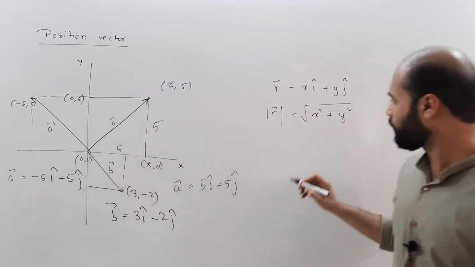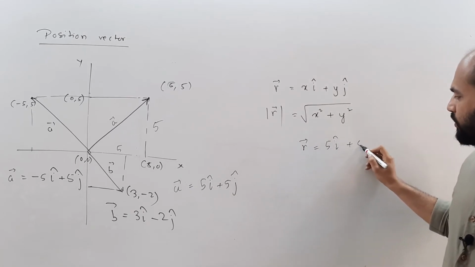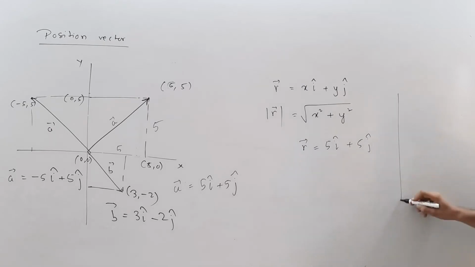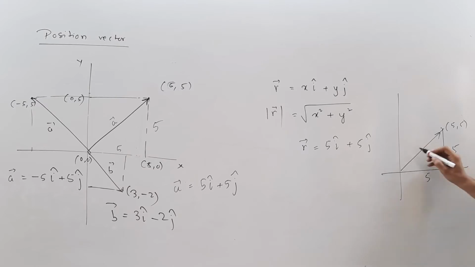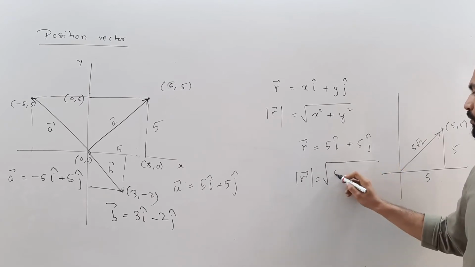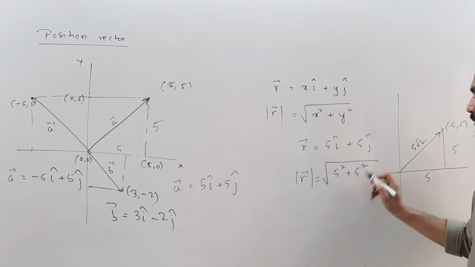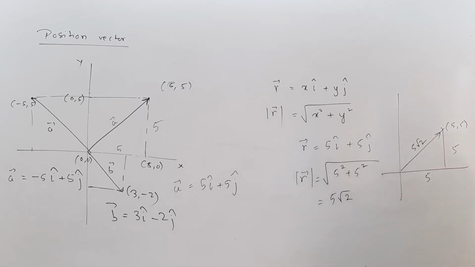So the magnitude of r bar would be root 50, that is 5 root 2.